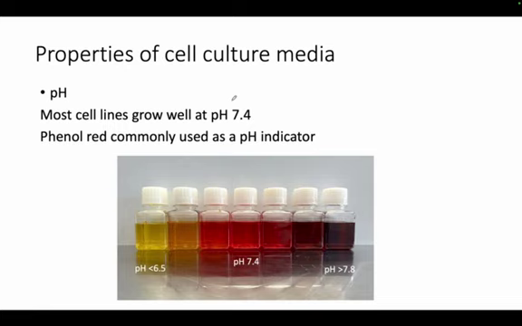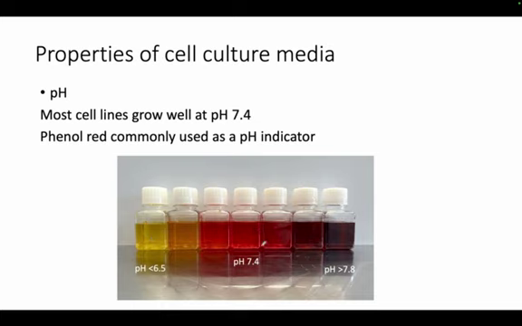How you can tell the approximate pH of your media is by using this indicator called phenol red. It is a pH indicator and it can take on a number of different colors depending on the pH of the media. If your media is in its ideal form at pH 7.4, you'll see it as a red color. But as the media starts becoming acidic, it will start becoming orange and then eventually yellow.